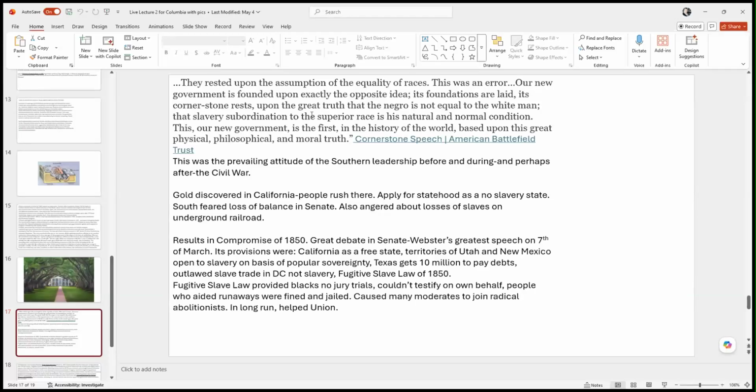This, our new government, is the first in the history of the world based upon this great physical, philosophical, and moral truth." And there's really no doubt that this was the prevailing attitude of the Southern leadership before the war, during the war, and after the war for a time as well. Okay?